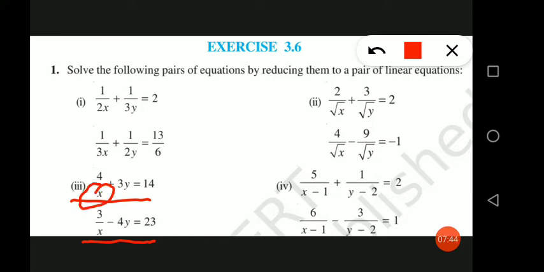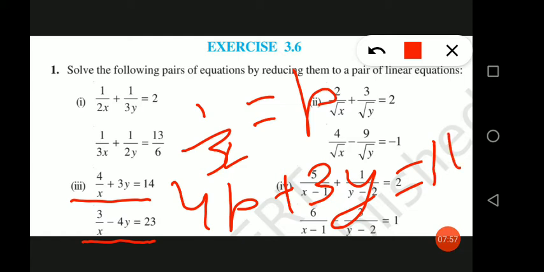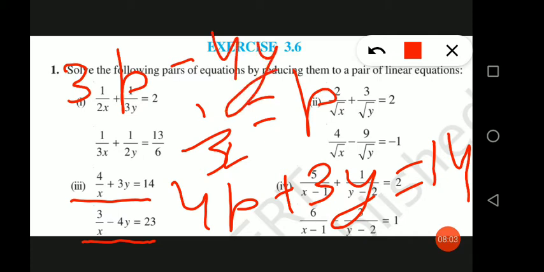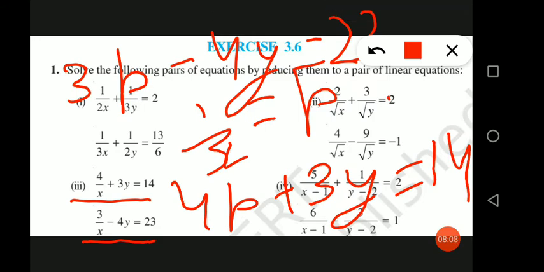So we will put 1 by x is equal to p, and thus the equations become 4p plus 3y is equal to 14, and 3p minus 4y is equal to 23. So this way we can solve the question.